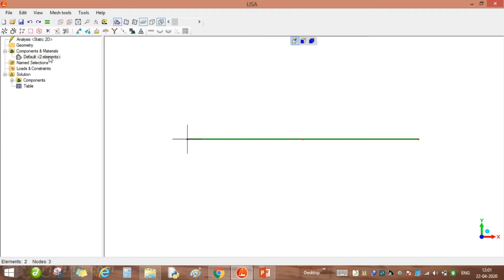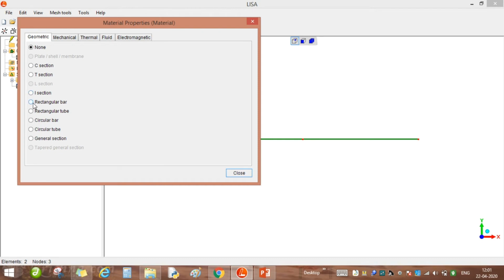Now we can add the material. Let us assume that this is of rectangular cross section 100 into 50. This is 100, this is 50, and this is the local V axis for this cross section.